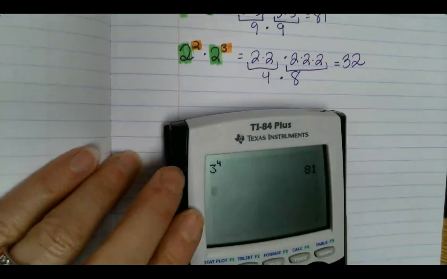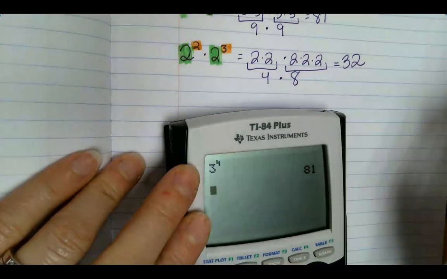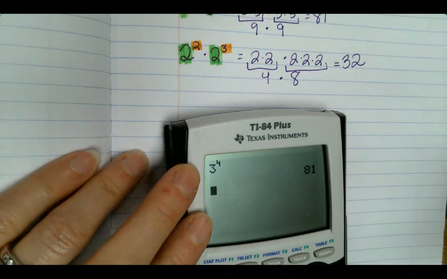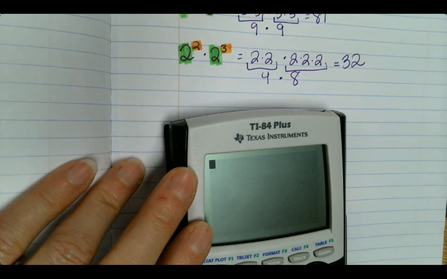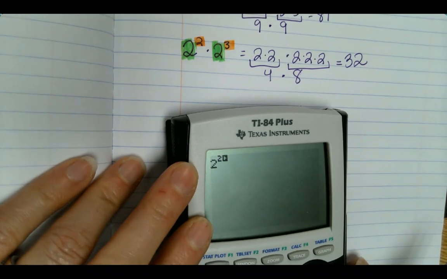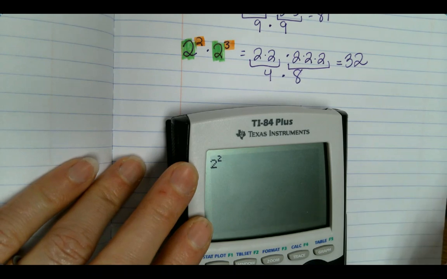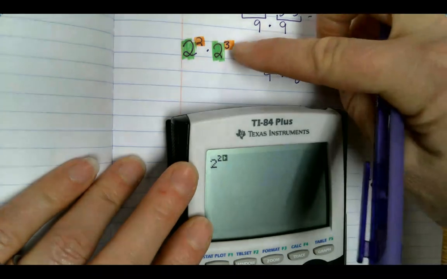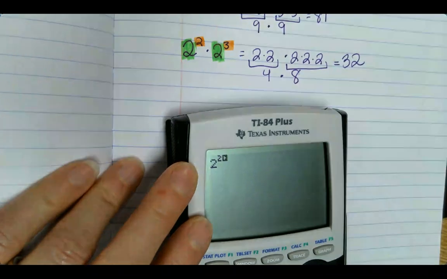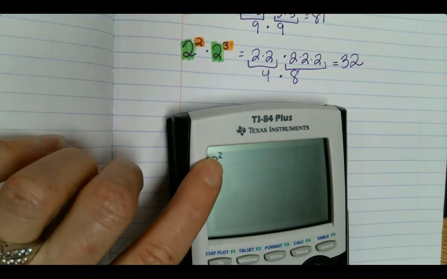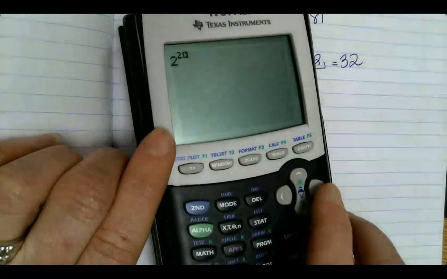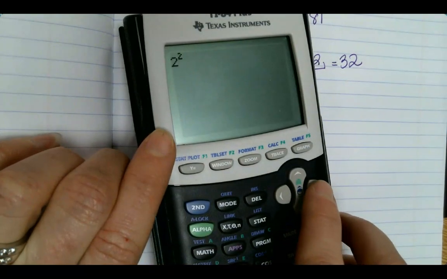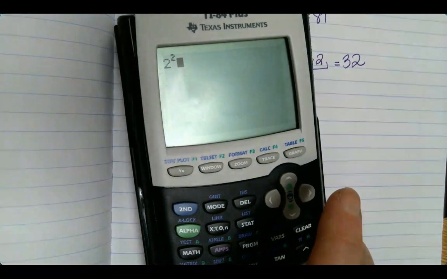And you know we can put this in the calculator. The reason we're using small numbers is so we can do it in our heads, but we can show it in the calculator. So go ahead and do this with me. 2 raised to the 2. Put it in your calculator because I want y'all to work through this with me. I need to put in times 2 to the third. So the way you get down from here, so see how it's in the exponent? It's in the superscript. Push the arrow over button right here, and that brings it back down to a base.